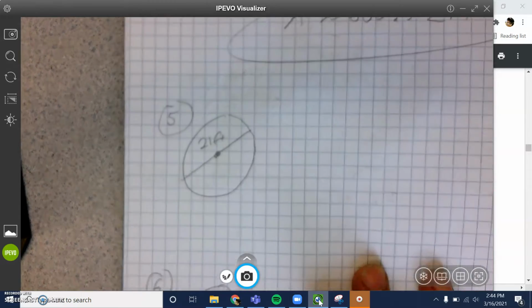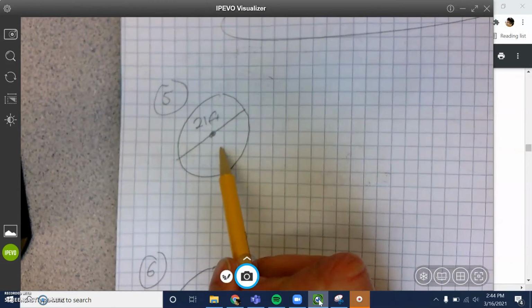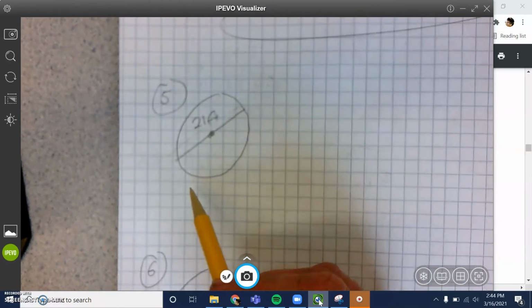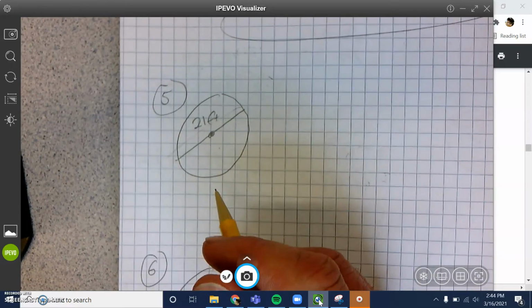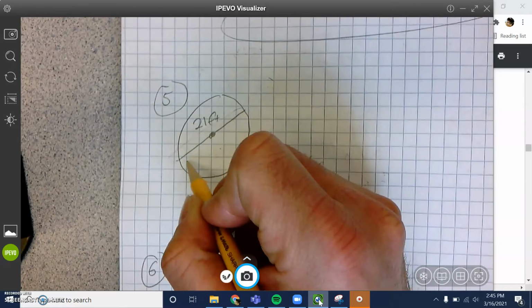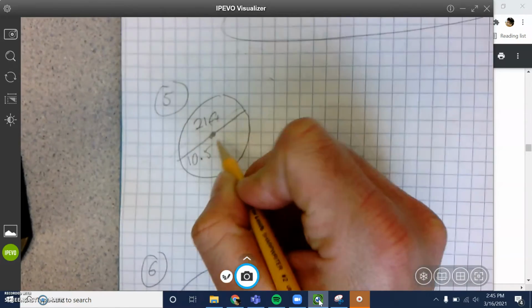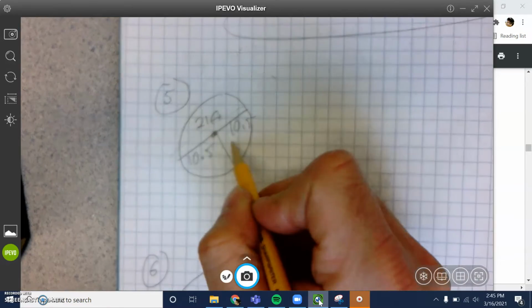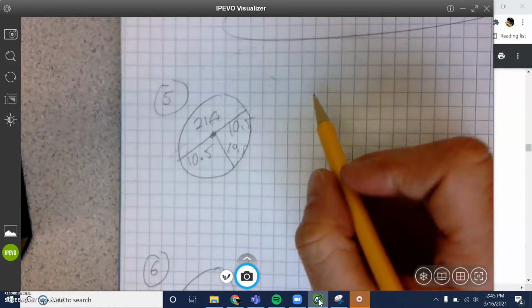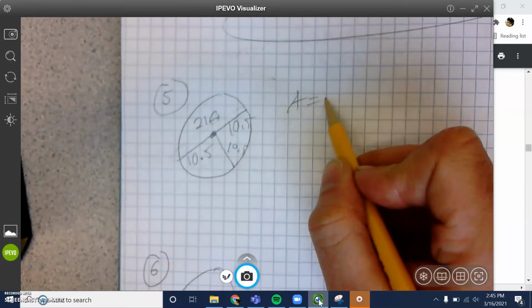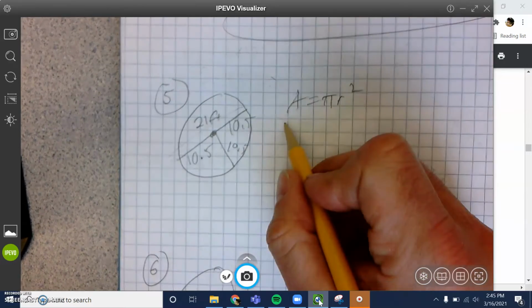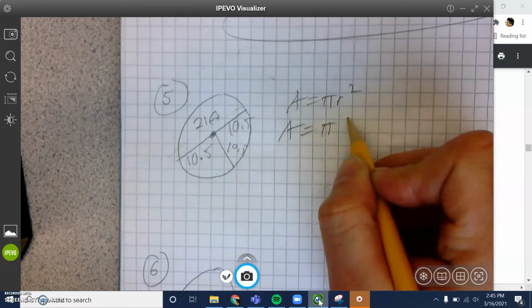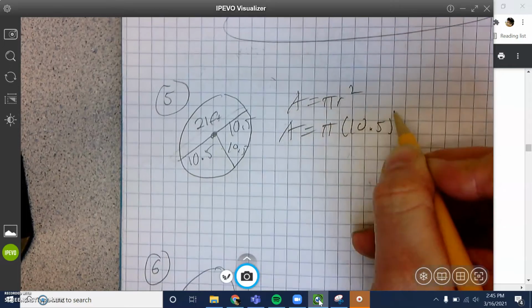All right, next one, number 5. What is the area of this circle if this is 21 feet? Go. Ooh, that's not the radius, that's the diameter, so I need to cut it in half. 10.5, so all the radii are 10.5, right? So area equals pi r squared, pi times 10.5 squared.